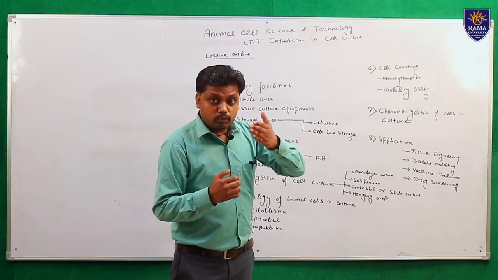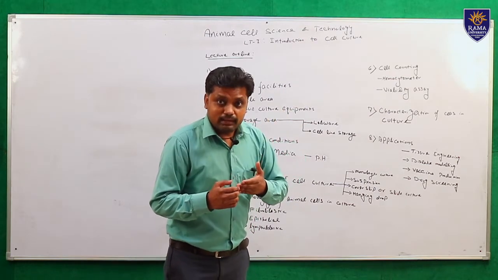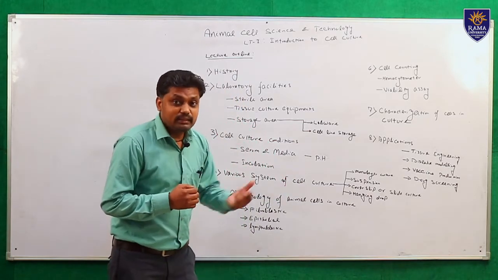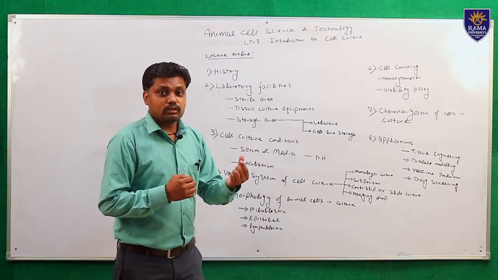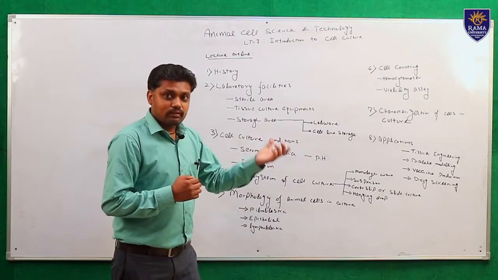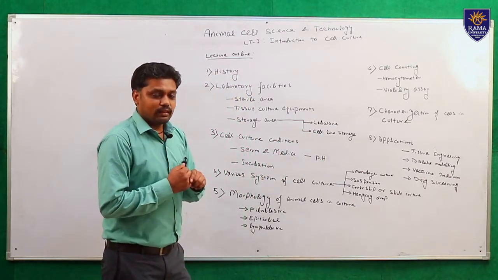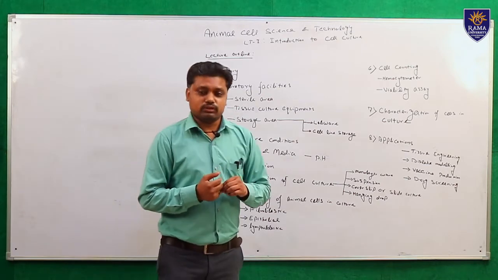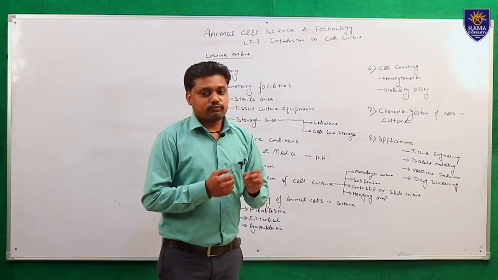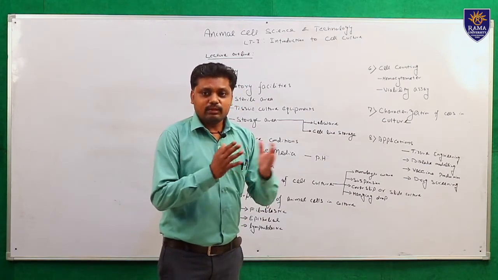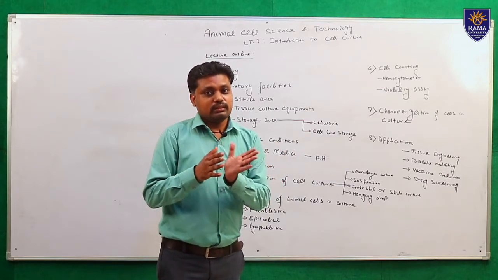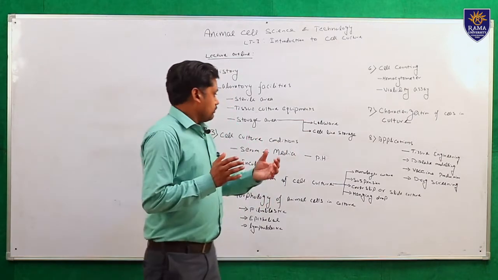To protect our time and money, we store the cell line. For that we need cell line storage, and in the cell line storage we use liquid nitrogen or the cryopreservation method for storing the cell line. This will be discussed in much more detail in the second lecture video.